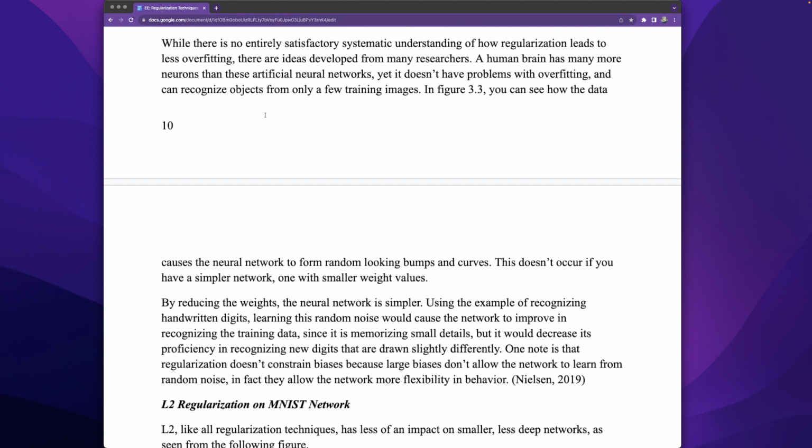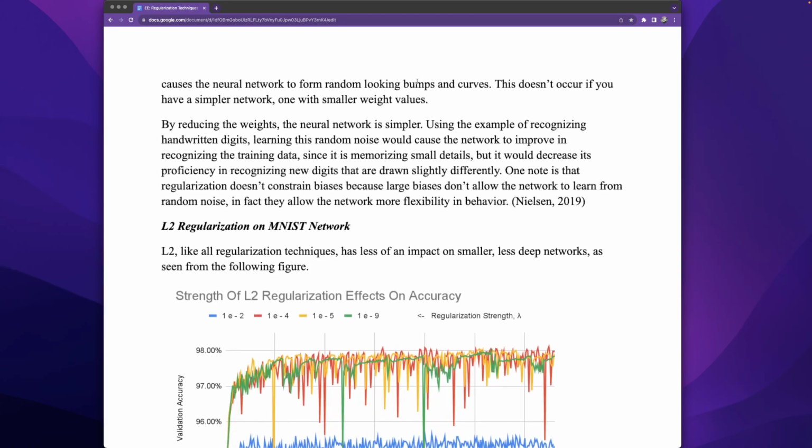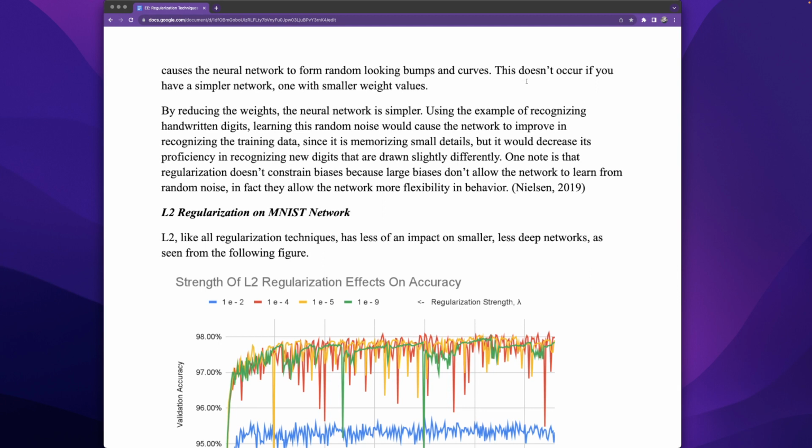The main idea many papers have discussed about why it works is that the human brain has many more neurons than these artificial neural networks, but it still doesn't have the problem of overfitting, and it can recognize objects from only a few training images. So these problems won't occur if you have a simpler network, one with smaller weights.